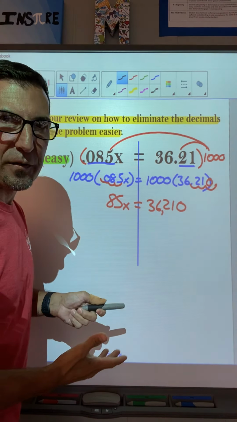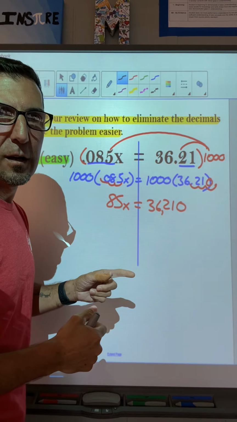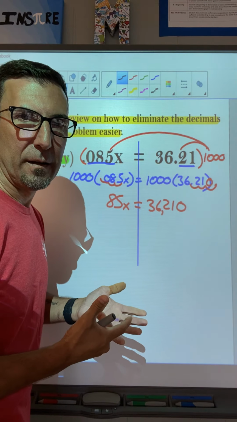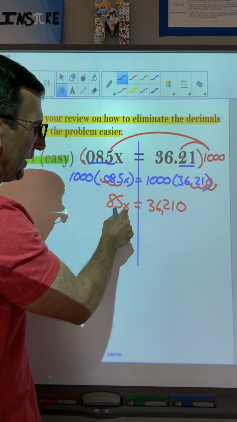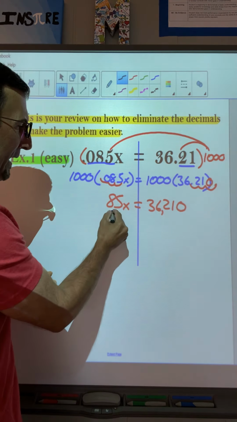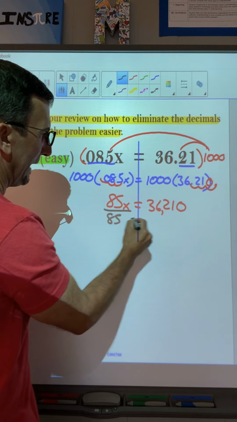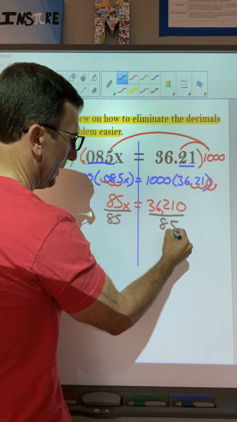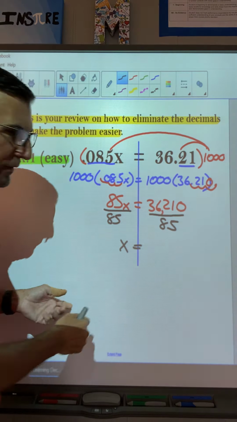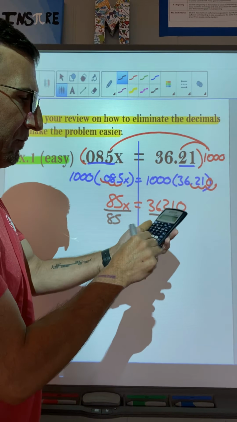Which I know someone's going, well, those are huge. But you have a calculator. Okay, and all we're doing is going, I need to get this 85 off the x. So we divide by 85. And then x equals, so you get on your calculator.